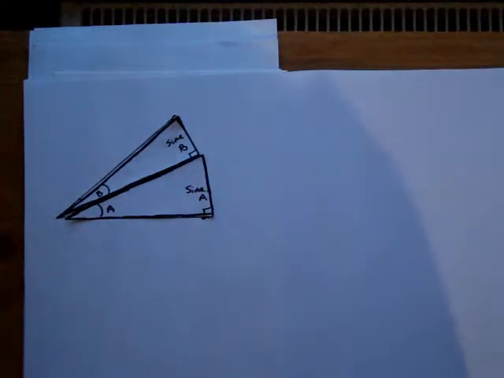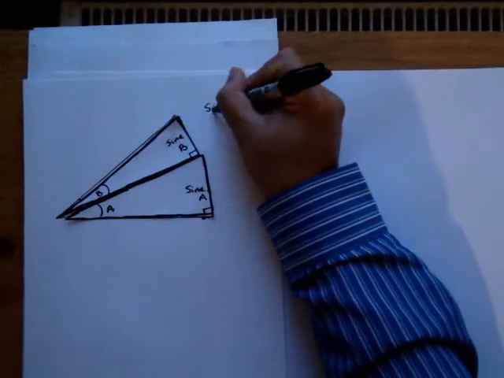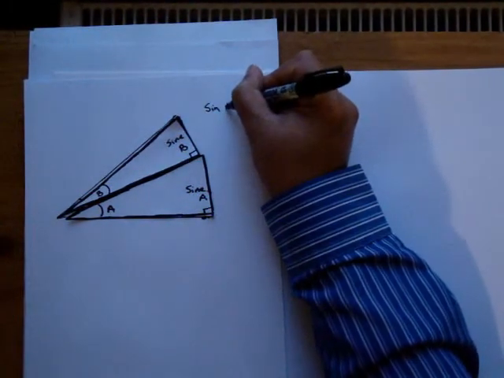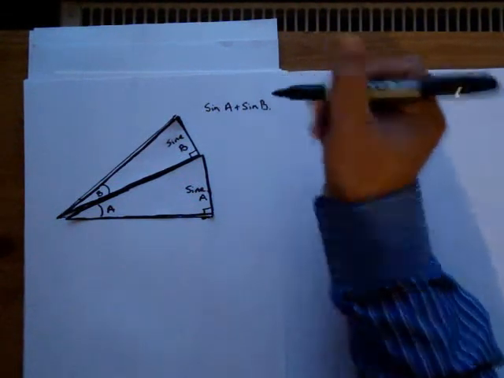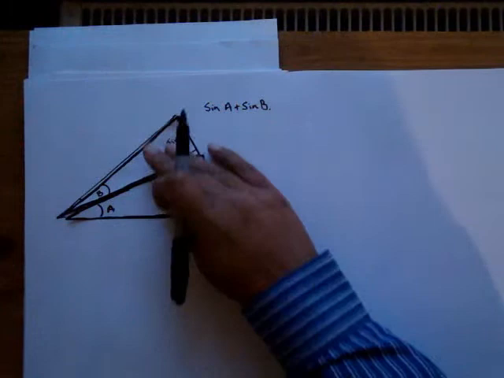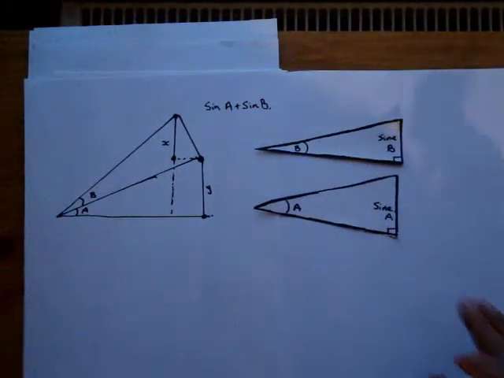When we are looking at two triangles and we want to find the sine of A plus B, for example, here we have two separate triangles.